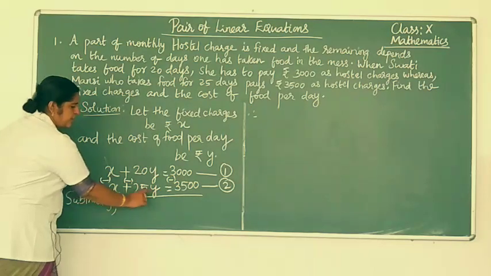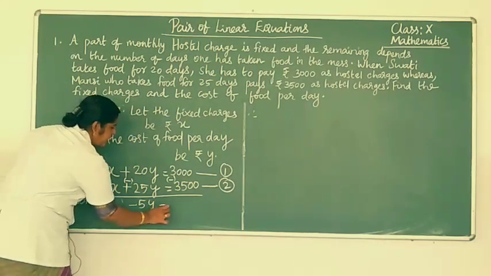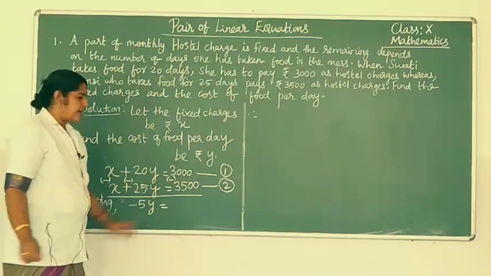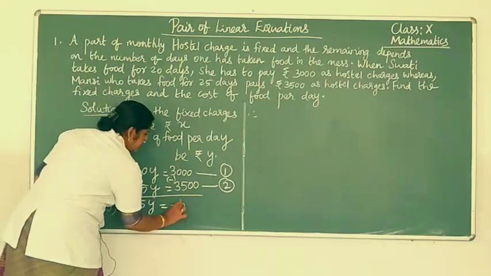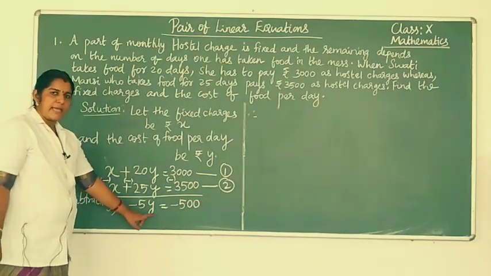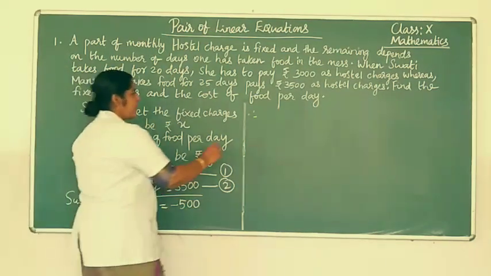So what is remaining here? 20y minus 25y, that is minus 5y, equal to 3000 minus 3500, that is minus 500. So we got minus 5y equal to minus 500. From this, what is y?